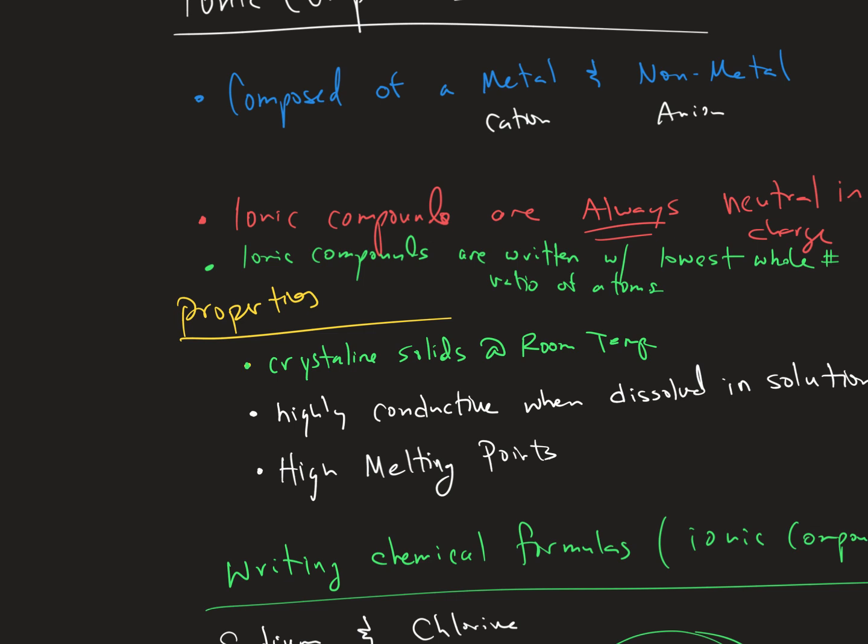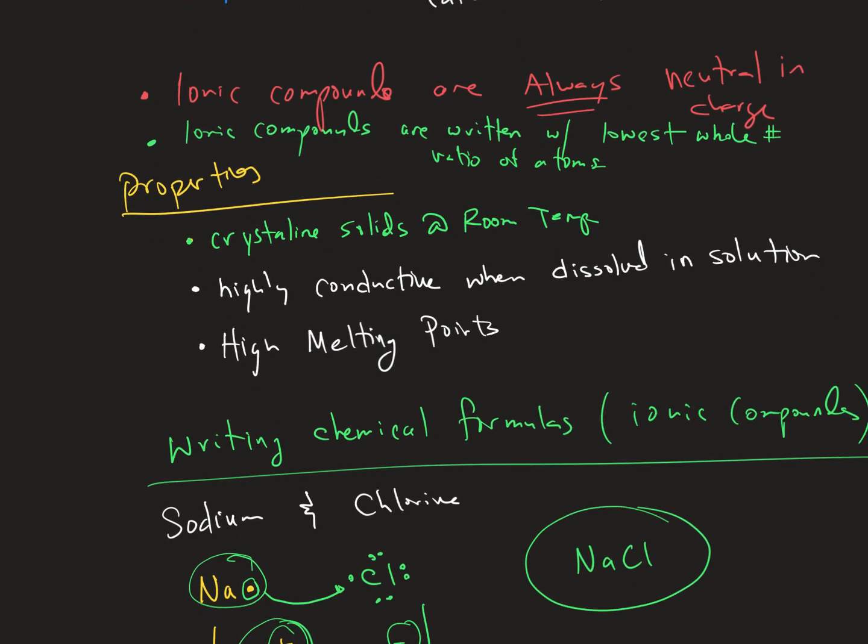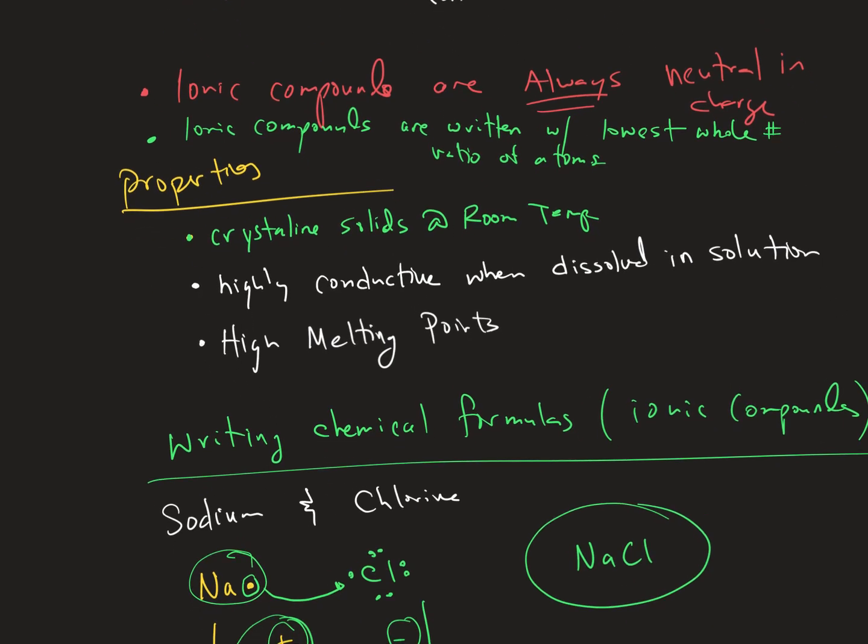Okay? Always. Covalent compounds, not so. Only for ionic compounds. So again, ionic compounds are written with the lowest whole number ratio of atoms. Always, always, always.